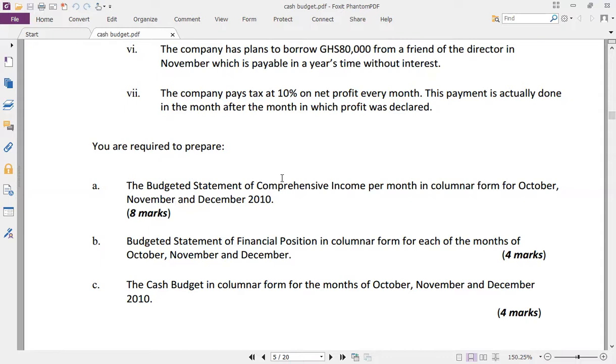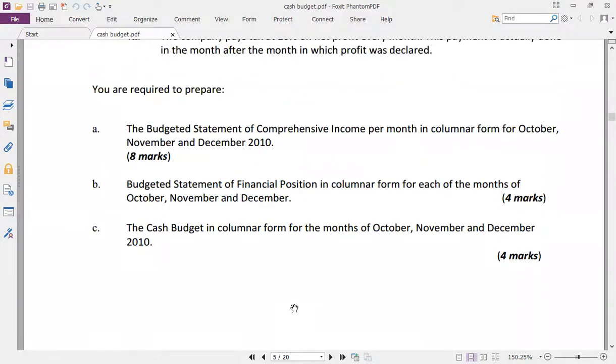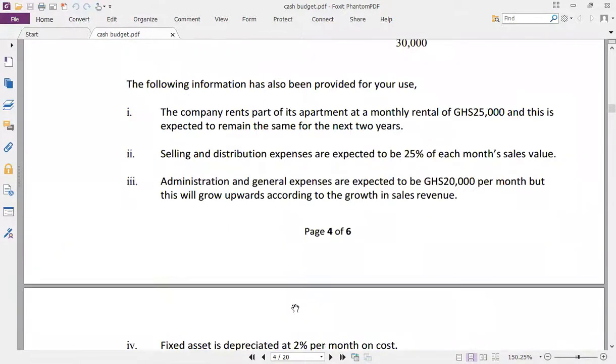That one we call Brofre Limited. So you are preparing comprehensive income, that's A. B, budgeted statement of financial position in columnar form for October, November, December, and then cash budgets. Good. These three make up what? Master budgets. Great. So let's quickly look at this.